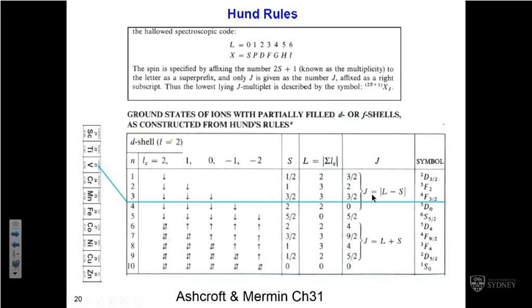Then you can calculate the S, which is the sum of a half plus a half plus a half. And then you can calculate the sum of the Z component of the L. So you've got this one here, which is 2 plus 1 is 3. So you get the 3 there. And then again, the J is calculated as L minus S here. So we have 3 minus 3 over 2, which gets you the J, which you can see down here.